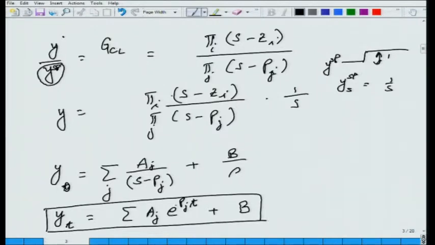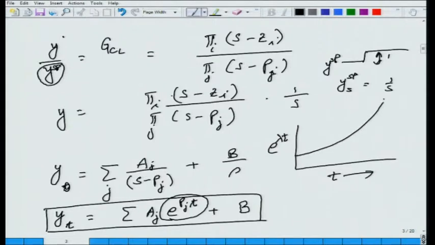Now, you can see that the dynamic response is coming from these terms, and if you look at these exponentials, if you plot in time, this is time, and if you plot e to the power lambda t, then what you will get is, at t equal to 0 it would be 1, and if lambda is positive, things will blow up.